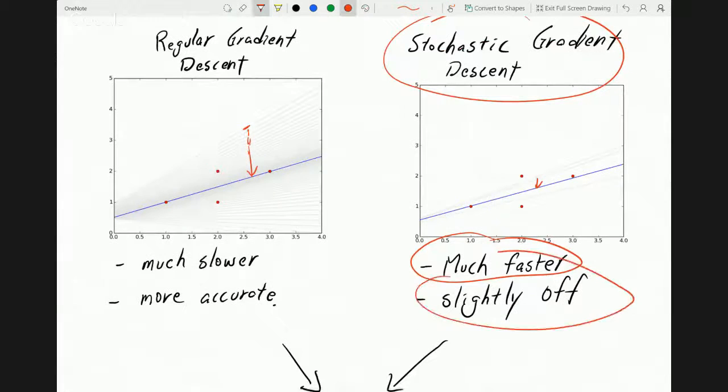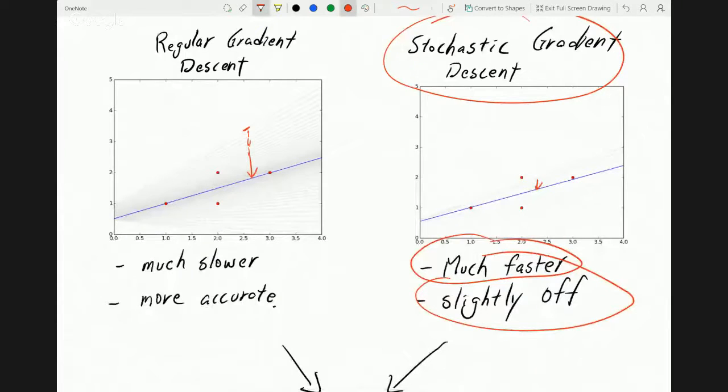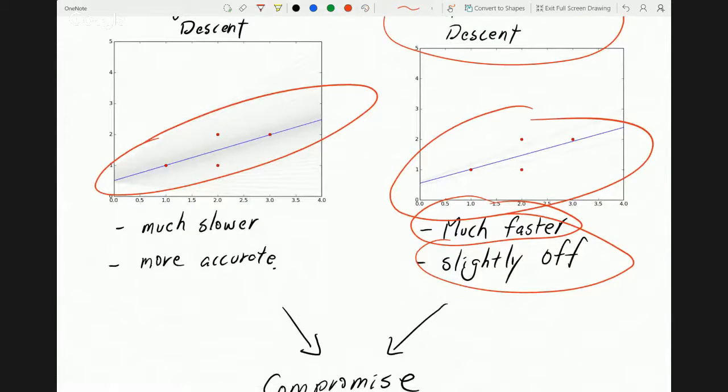Yes, it was slightly off, but for a lot of applications this is good enough. Look at this versus this. It's basically the same, not that far off. So I guess it depends on the application. Certain ones might be more important that you really need it to be accurate. For others, good enough is good enough.